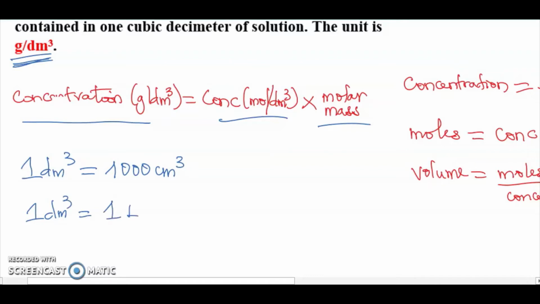So concentration could also be expressed in mole per liters, because 1 dm cube is equal to 1 liter. Equally, 1 cm cube, that is 1 cubic centimeters, is equal to 1 milliliters. So now that you know all this, let's look at some examples.